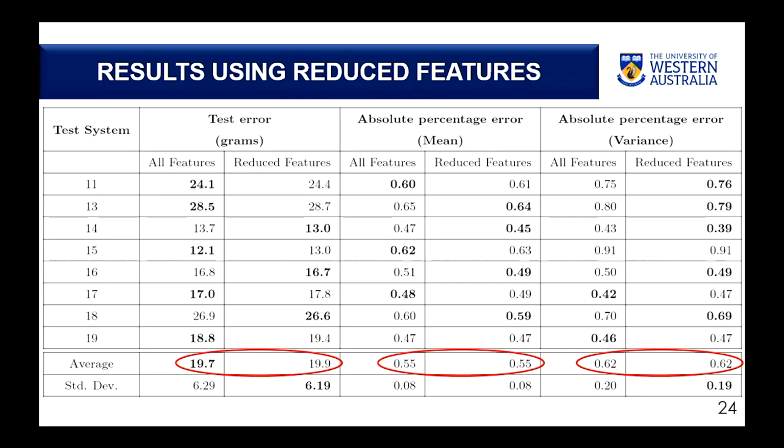Our error increased from 19.7 grams to 19.9 grams. This 0.2 gram error increase is nothing compared to the gains that we achieved by reducing the power consumption and other costs. And in this case, there is absolutely nothing to select from. These parameters are absolutely the same.